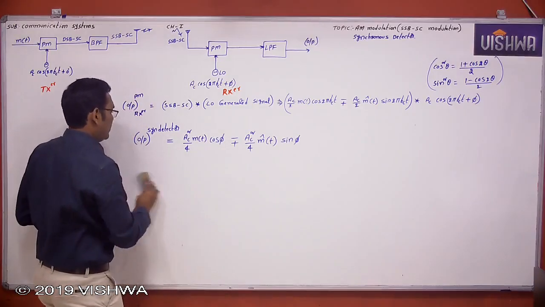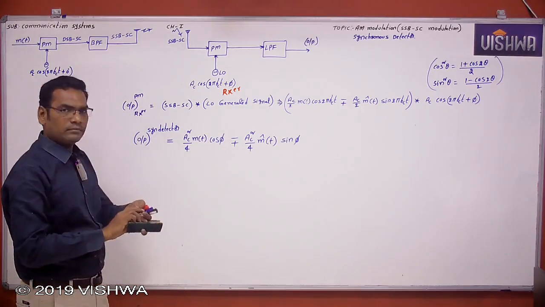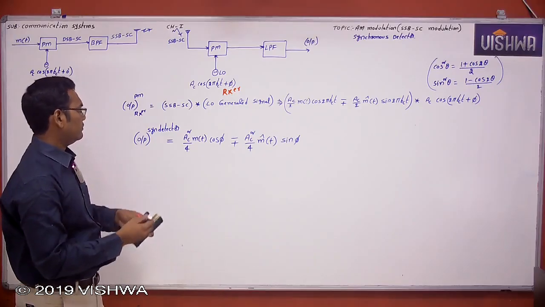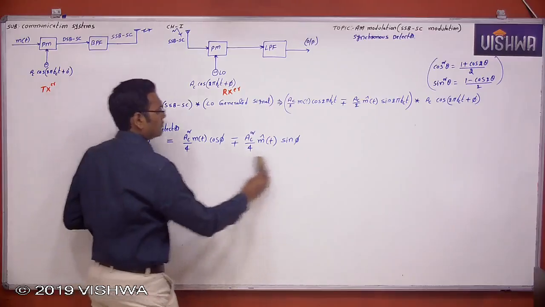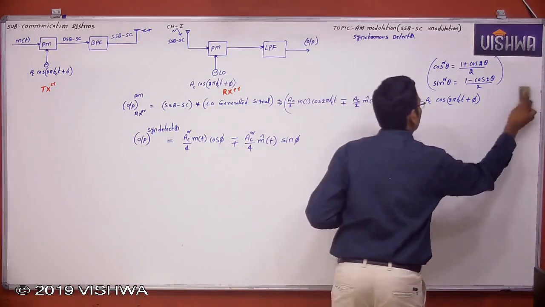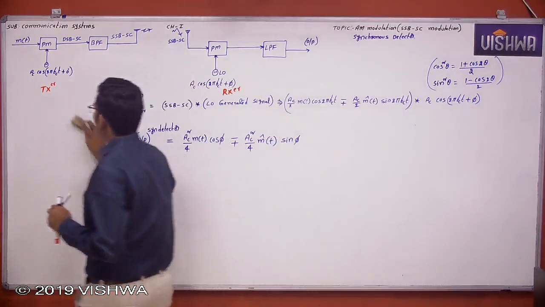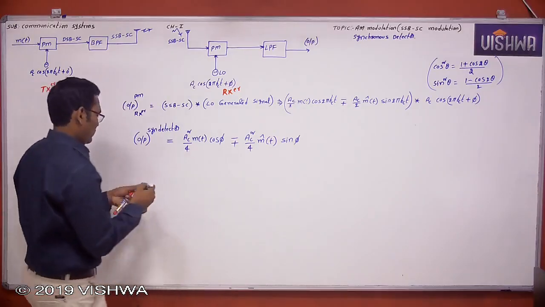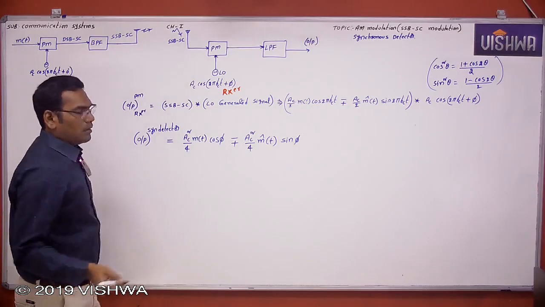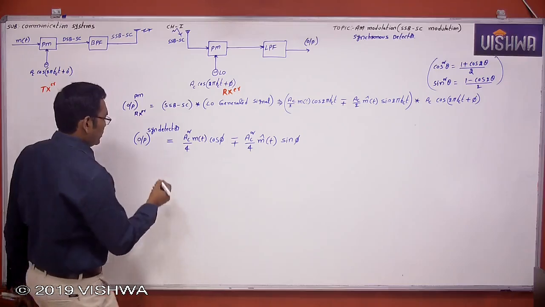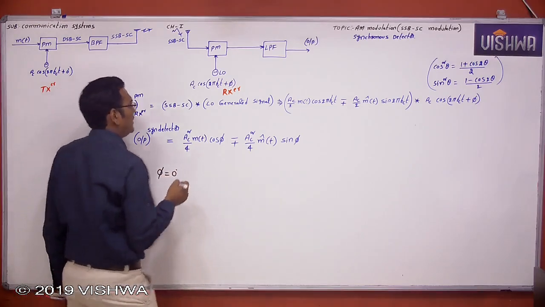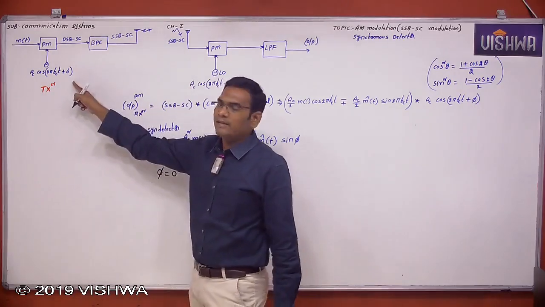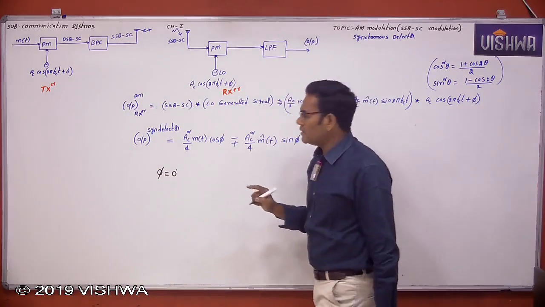Now you see here, there is a phase mismatch. Suppose the phase difference is 0 degrees or 0 radians, which means at the transmitter side the phase is 0 and at the receiver side the phase is also 0.